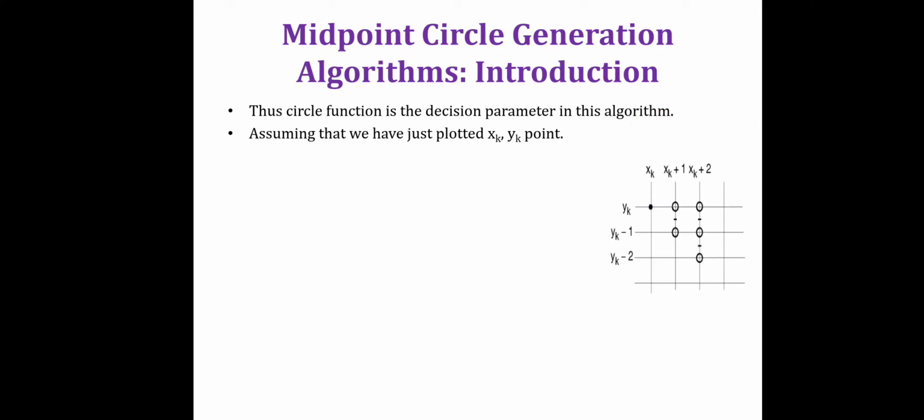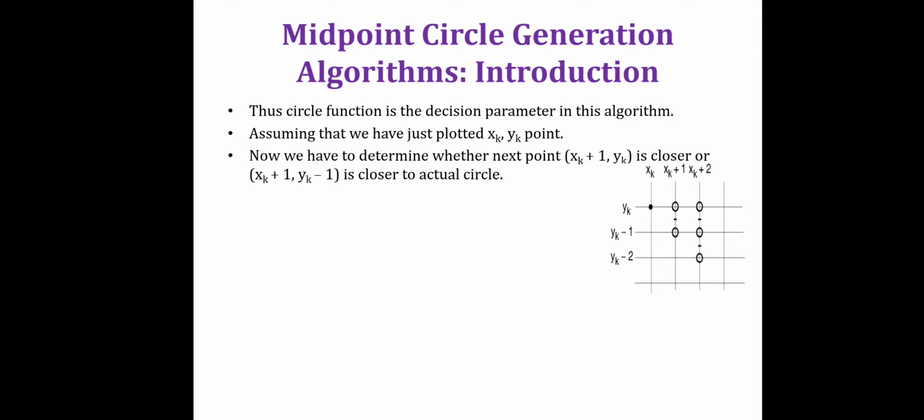After that we have to check which next options we have for this xk and yk. The next points are xk plus 1 and yk, and the other is xk plus 1 comma yk minus 1. In the first point, the y value is not changing, only x is incremented by 1.